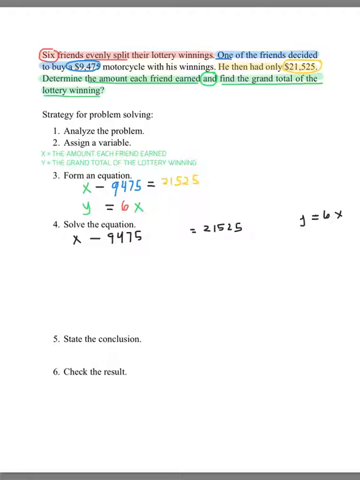Those are going to be your two equations. So now let's focus on the first equation. We want to get the variable x completely by itself. Right now we're subtracting 9,475 from it. In order to undo this subtraction, we're going to want to add 9,475 to both sides. And then that will help isolate the variable.